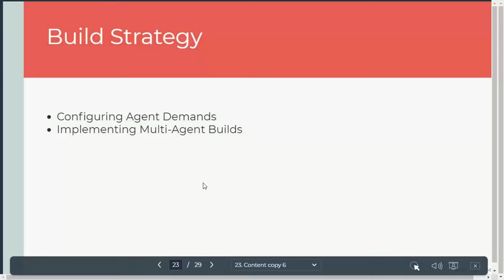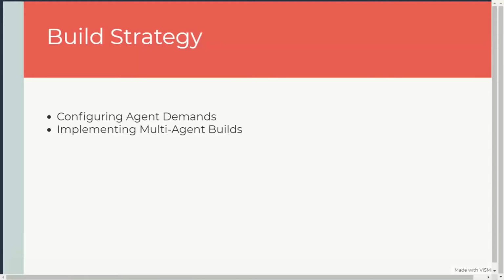Yeah. So the next one is the build strategy. What is the build strategy? We already discussed that. For example, an effective build pipeline has to be completed in less than a minute, or at least fast.